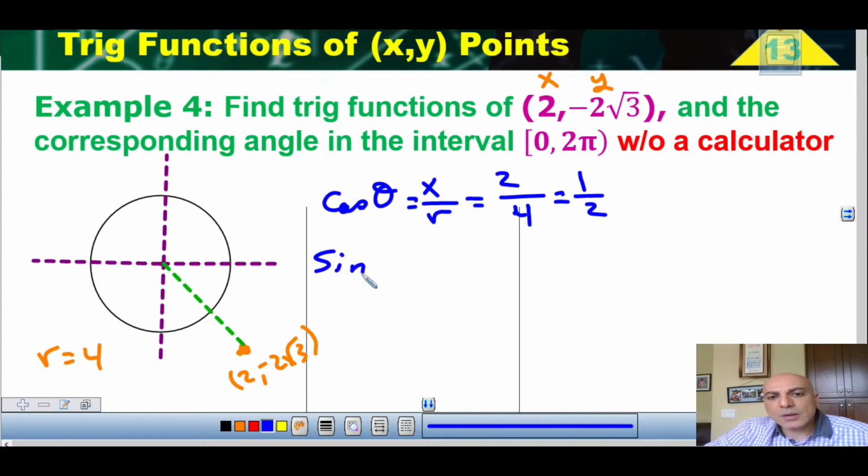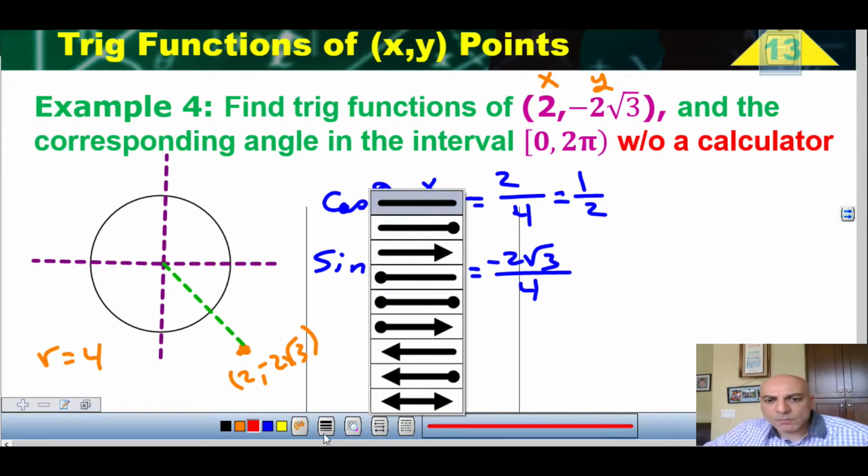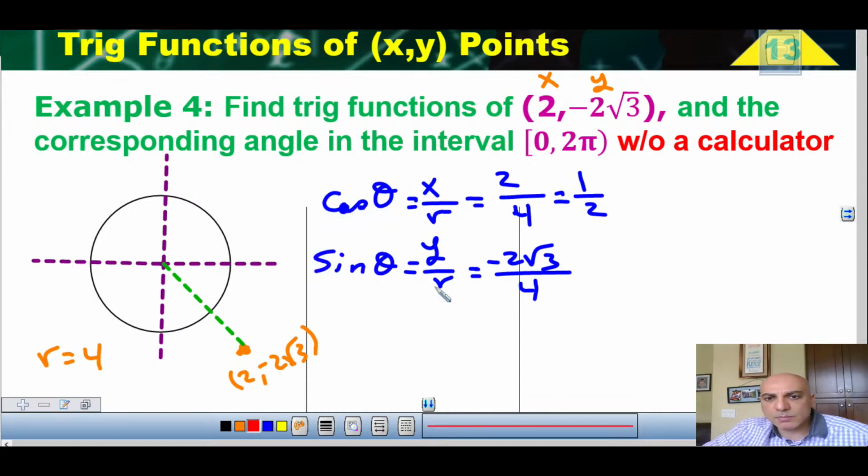Okay. Sine of this angle is going to be y over r. My y is negative 2 square root 3 over the r, which is 4. Fruit ninja, chop, chop, the 2 and the 4. I'm going to get a 2 at the bottom. Negative square root of 3 over 2. Okay.